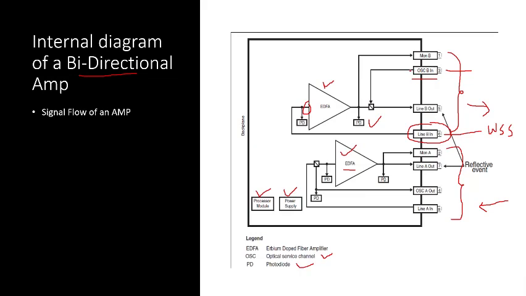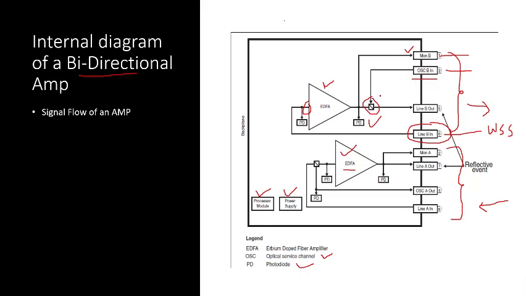So this OSC of this particular site 1 is added or coupled with our C band signal at this point. And this is our monitoring port. We can connect the OSA at this point to diagnose the different levels of signal in the C band, or to diagnose a problem, or to monitor the performance of this particular EDFA in more detail.